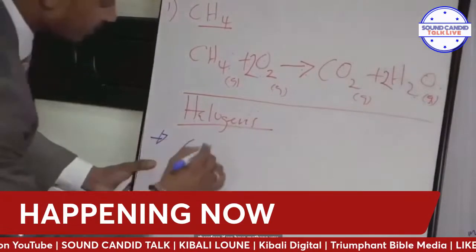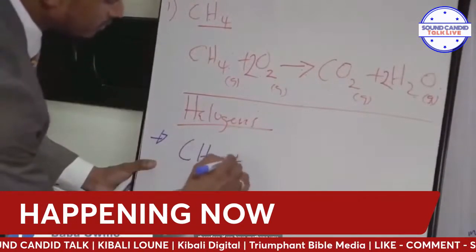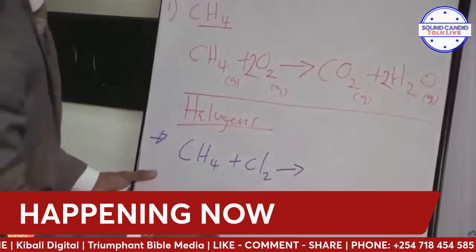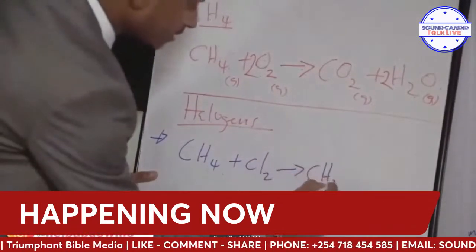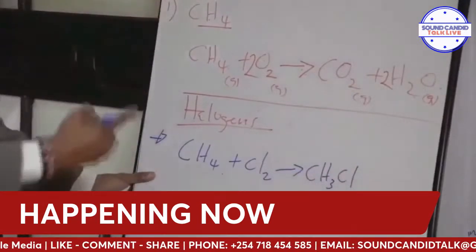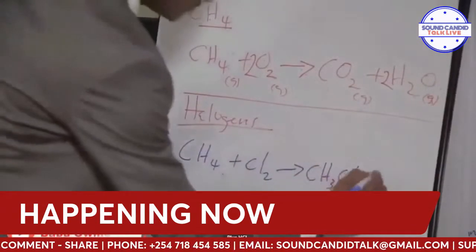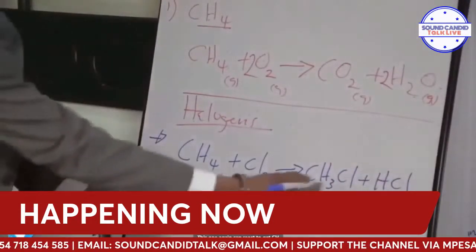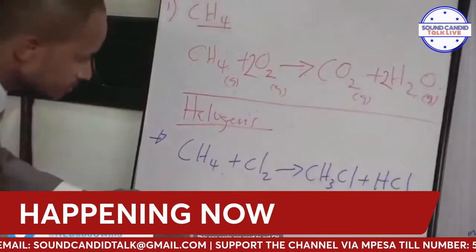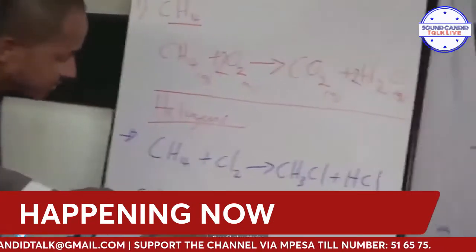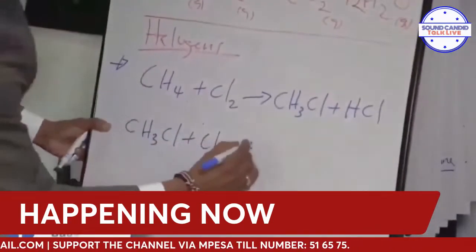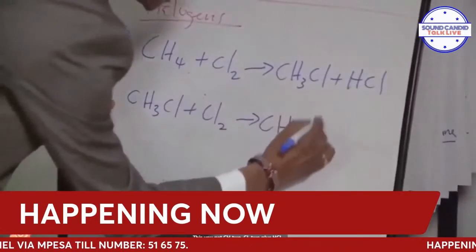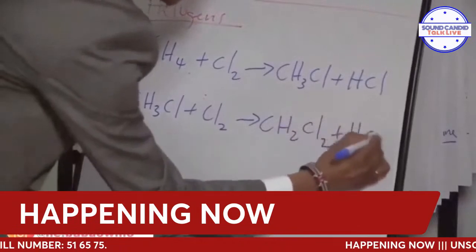So therefore, if we have methane, you react with chlorine, you will get CH3Cl plus HCl. This one again can react with chlorine to get CH2Cl2 plus HCl.